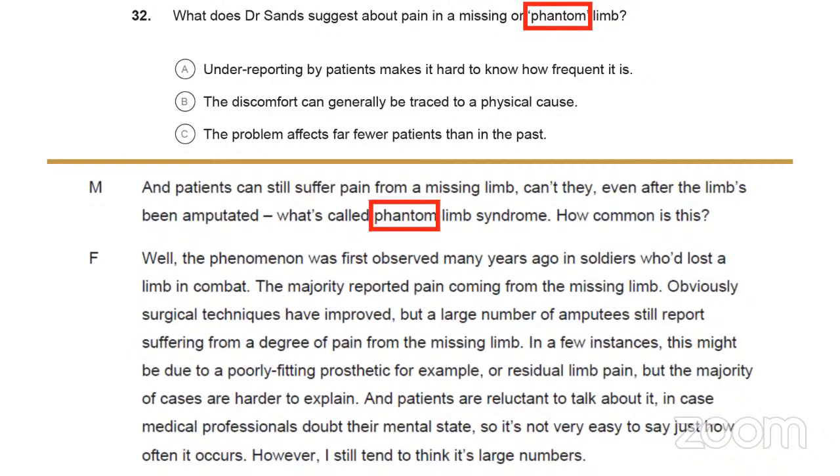One word, which is very, very important. Patients are reluctant to talk about it. They're reluctant, not interested to talk about it. They don't share.